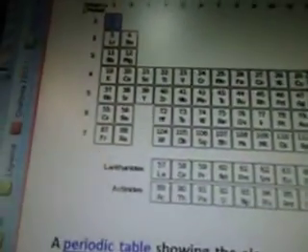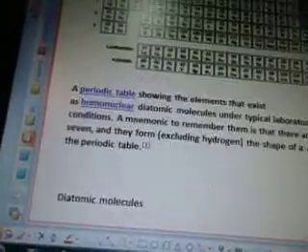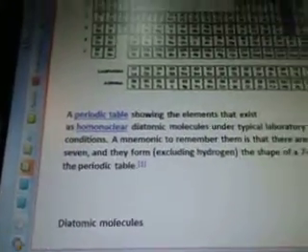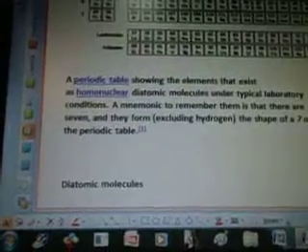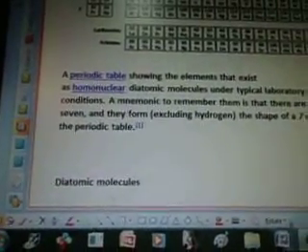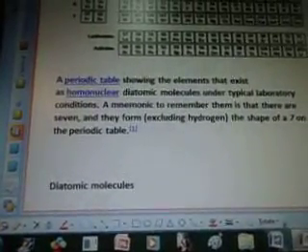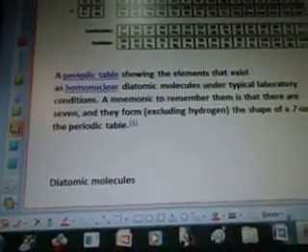It looks like it's numbers, and then group 1 is H, 2 is Be, 3 is Li, and so on, 7 is N, 8 is O. A periodic table showing the elements that exist as homonuclear diatomic molecules under typical laboratory conditions. A mnemonic to remember them is that there are 7 and they form, excluding hydrogen, the shape of a 7 on the periodic table.